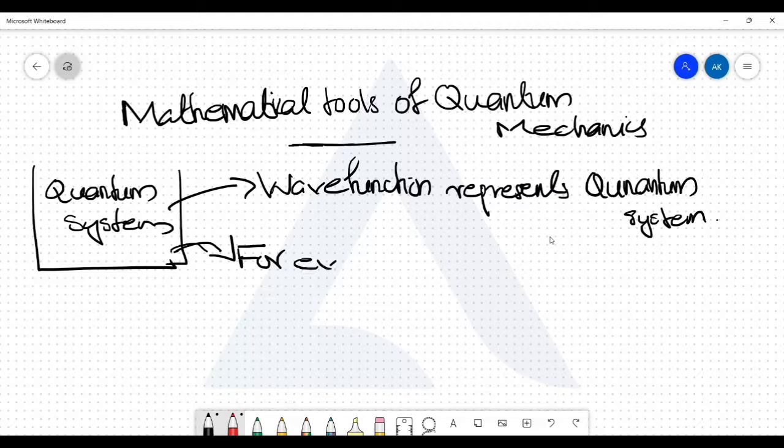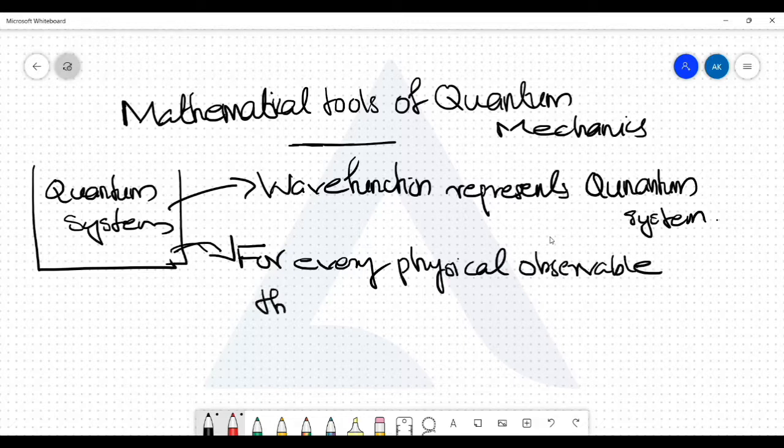Operator is associated with every physical observable.